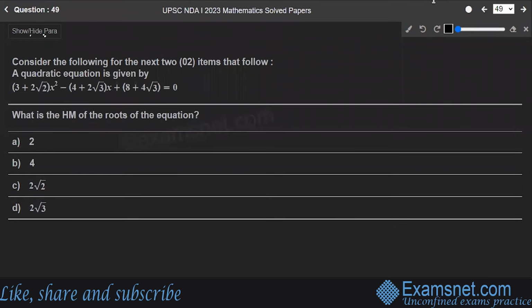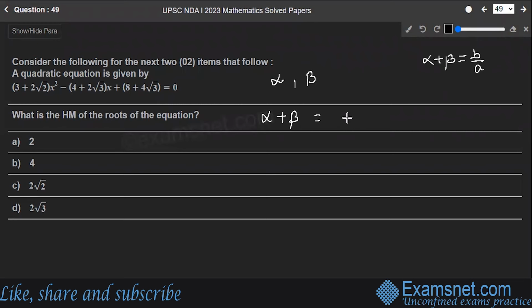For 49 and 50, they are using the same statement. A quadratic equation is given by this. You have to find out the harmonic mean of the roots of the equation. So if I assume alpha and beta to be the roots of the equation, you know the sum of the roots is given by minus the coefficient of x upon coefficient of x square.